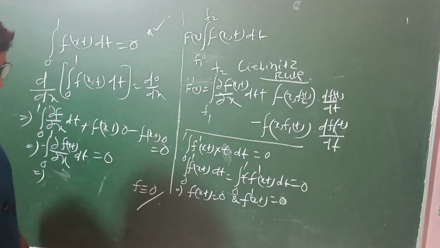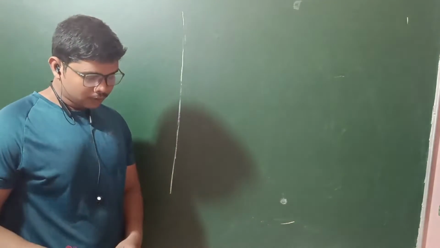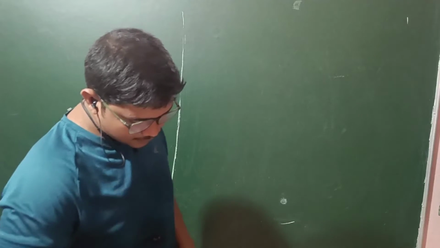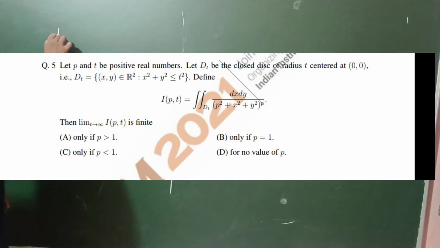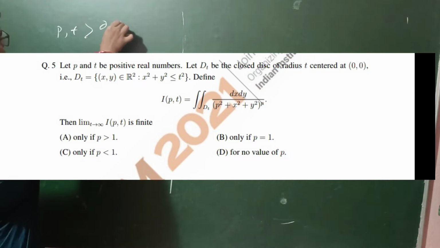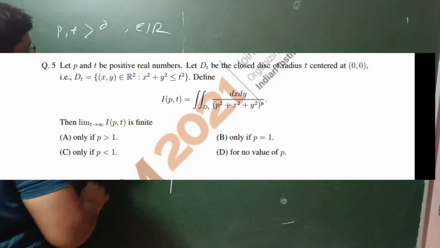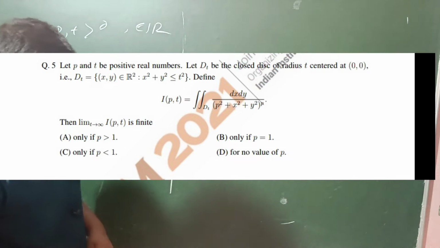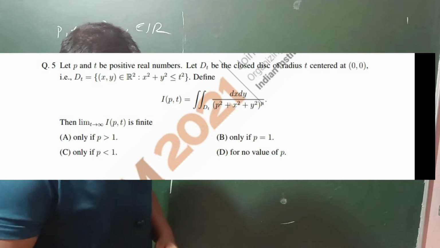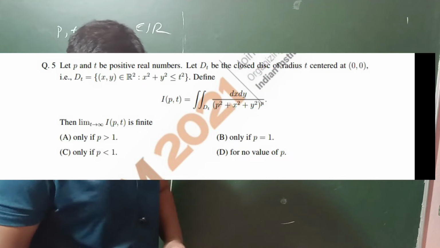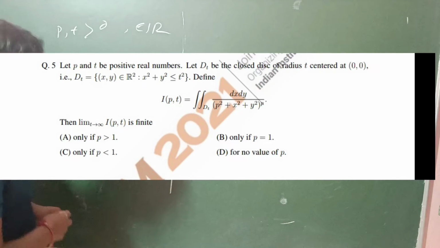So option A 2. Now for number 5, given that let p and t be positive real numbers, p, t greater than 0 and belongs to R. Let Dt be a closed disk of radius t centered at origin.